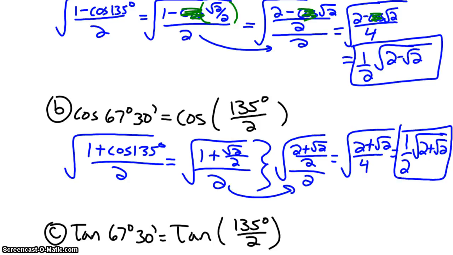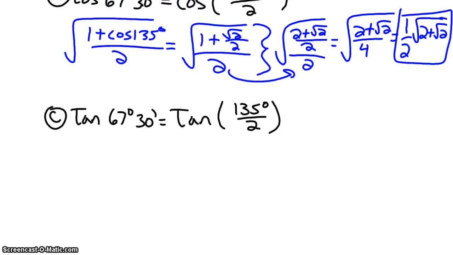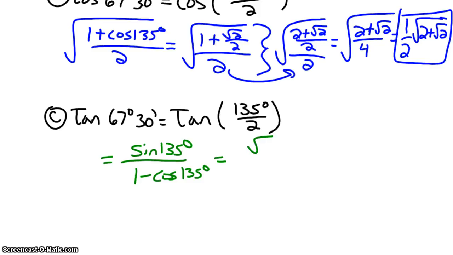Let's just see tangent real quick, and then I think we're going to be done with this lesson. The tangent reads a little bit differently. That says take the sine of 135 over 1 minus cosine of 135 degrees. If we solve this, we'll end up with radical 2 over 2, and then 1 minus radical 2 over 2.